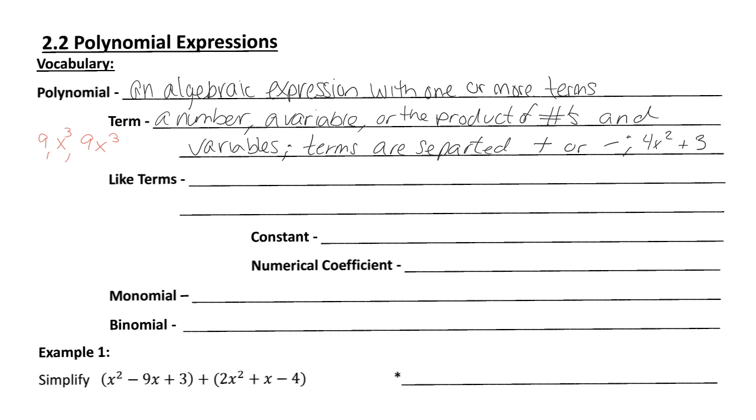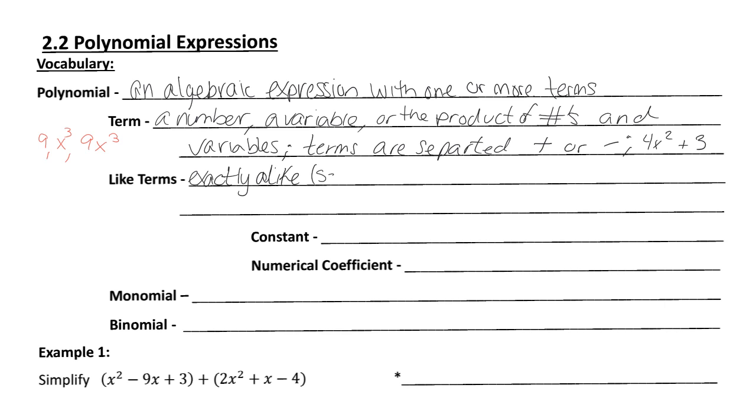Okay, so let's talk about like terms. So like terms are, as they say, exactly alike. So what I mean by that is that they're the same variable raised to the same power.